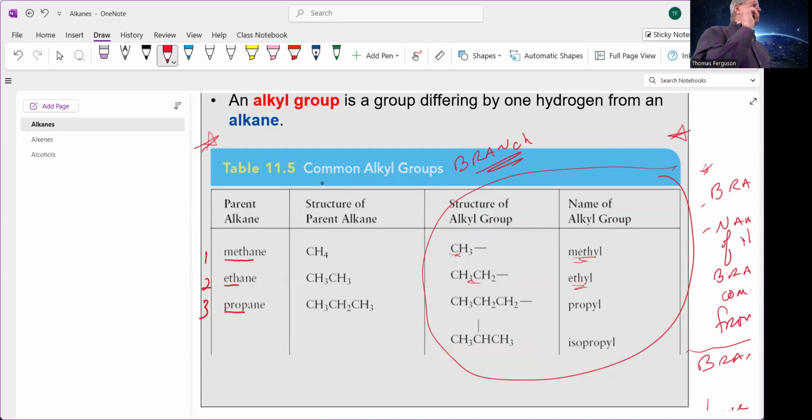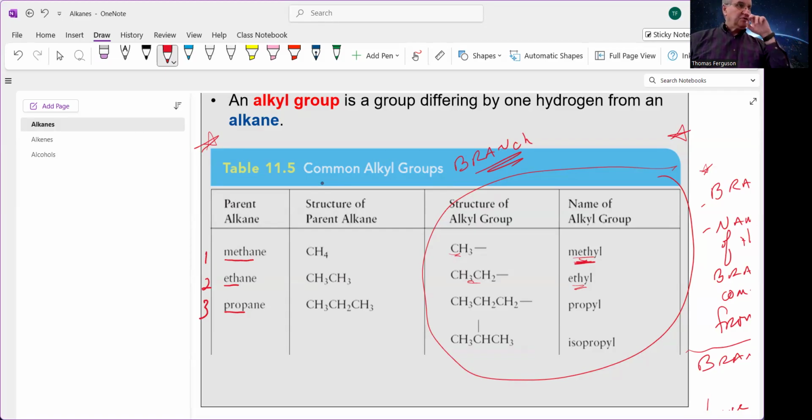If we're naming the branch off of the main backbone, it's slightly different. We go into an adjective form. Okay, so if it's a one carbon branch, it's called methyl. Two carbon branch, ethyl. Three carbon branch, propyl.